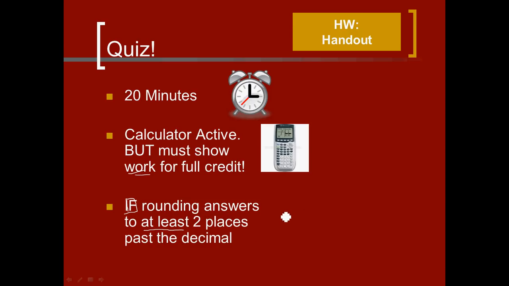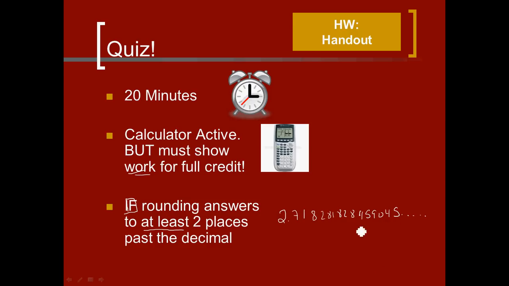So for instance, if my answer was E and I wrote 2.7, I would not get full credit. I would not get full credit with these rounding rules in place. Remember, E is 2.7, Andrew Jackson window wiper. And you can write all that down.